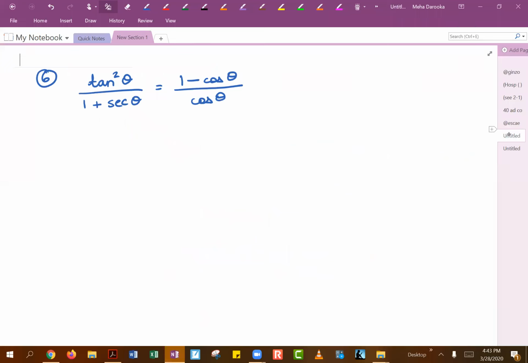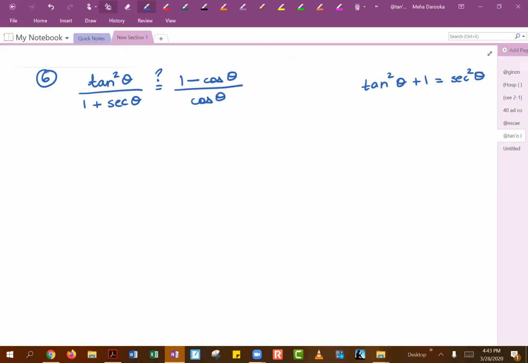Alrighty, so I'm going to start with the left-hand side, and again, we don't know if they are equal to one another. So let's start by rewriting that tangent squared of theta. So it's tangent squared theta plus 1 is equal to secant squared of theta.